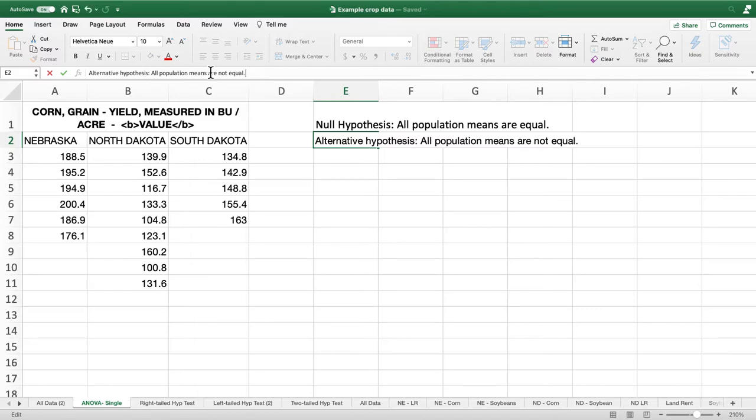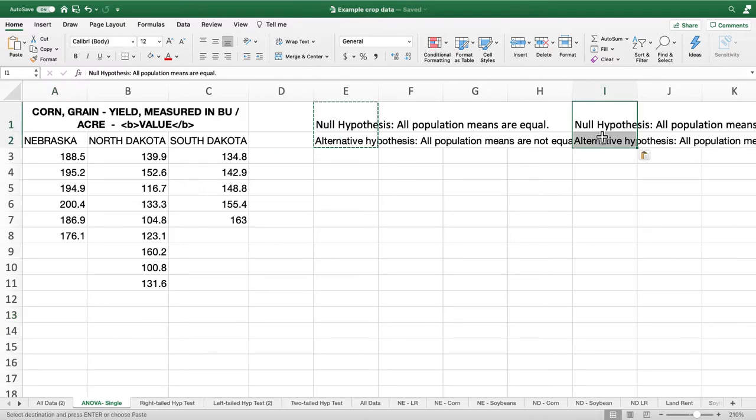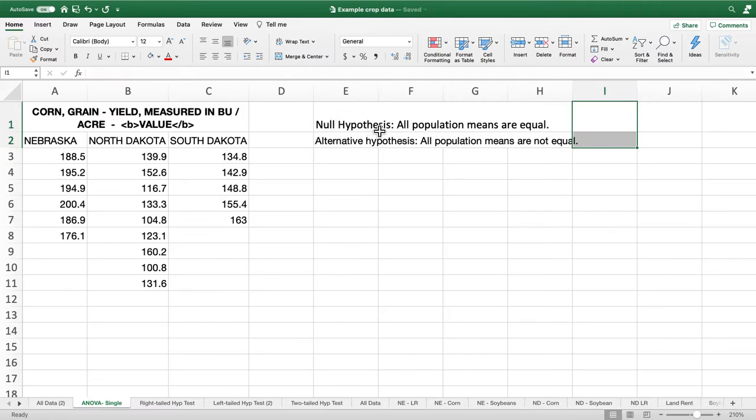Those are the general forms of the null and alternative hypotheses when you're dealing with an ANOVA. If we want to make this a little bit more authentic, let's rephrase this null hypothesis for our specific group, or data set.